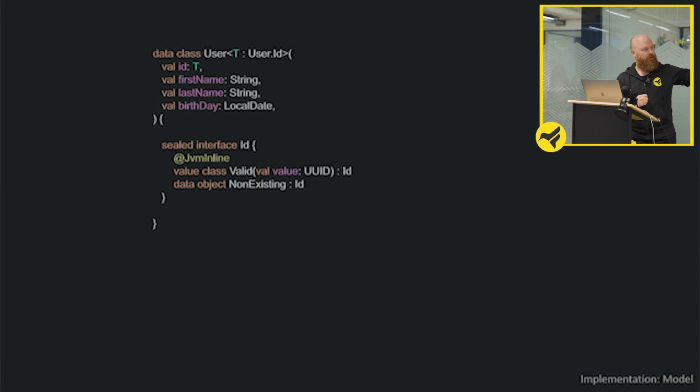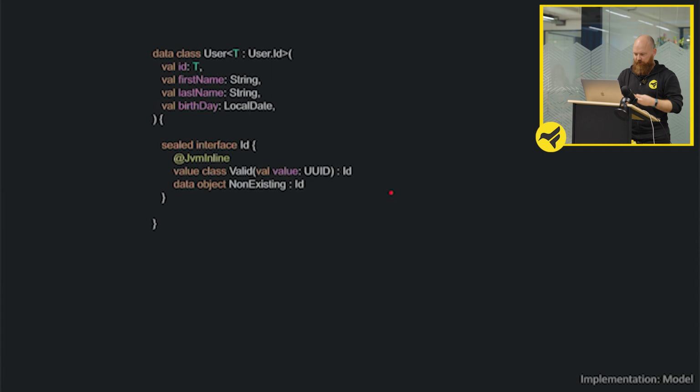And in Kotlin, you state it as a value class. And for now, you still need to annotate it with @JvmInline to make it indeed an inline class on the JVM. And what this does is actually wrapping it in this valid object. But on the JVM, this is compiled away, and it will be just the UUID. So you don't have the overhead of adding an extra object, but it will just reference this UUID.